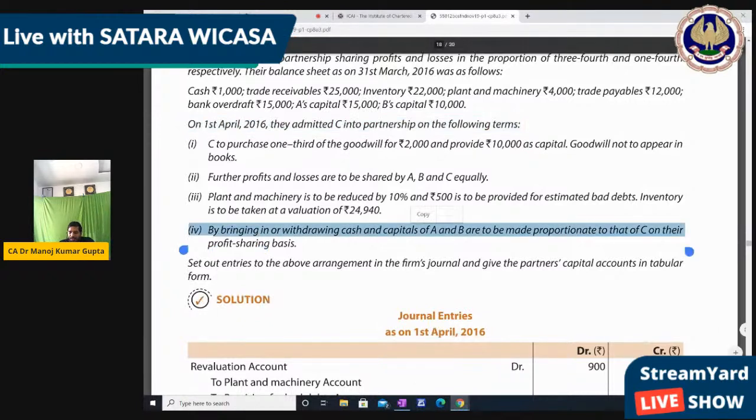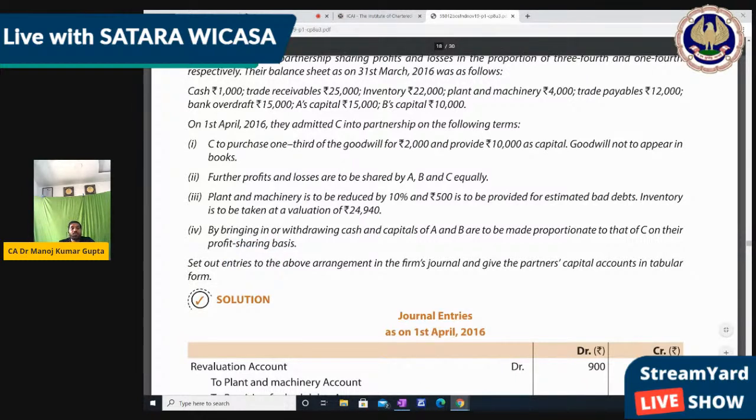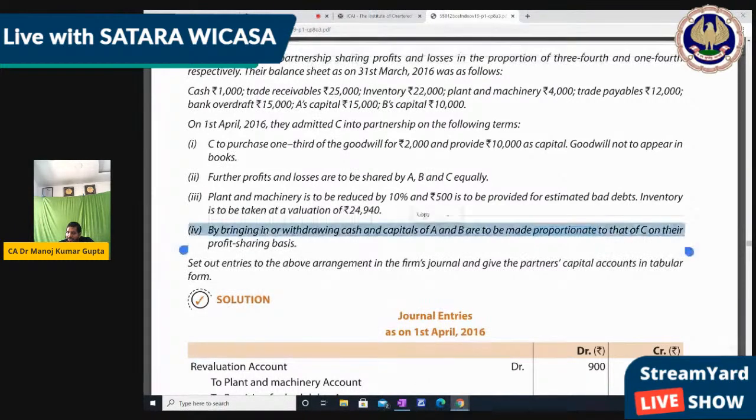So this is the main part which we discussed yesterday also, in the last lecture, that they want to make their capital proportionate. Just see the word proportionate, capital in proportion: you should understand that capital and profit sharing ratio should be the same. So the profit sharing ratio they mentioned is 1:1:1 after admission of C.